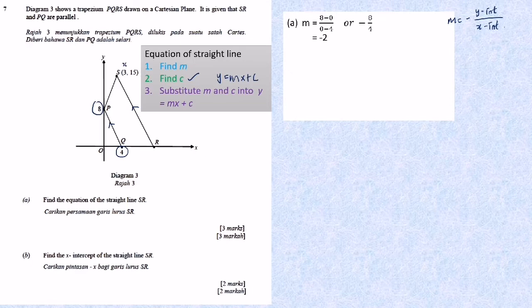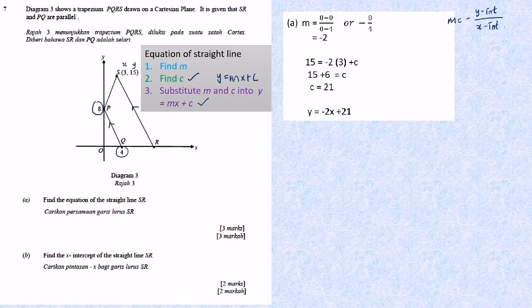So here is the value of x, this is the value of y. 15 equals negative 2 times 3 plus c. c equals 15 plus 6. c equals 21. So last step, you write the equation y equals mx plus c by substituting the values of m and c. So y equals negative 2x plus 21.